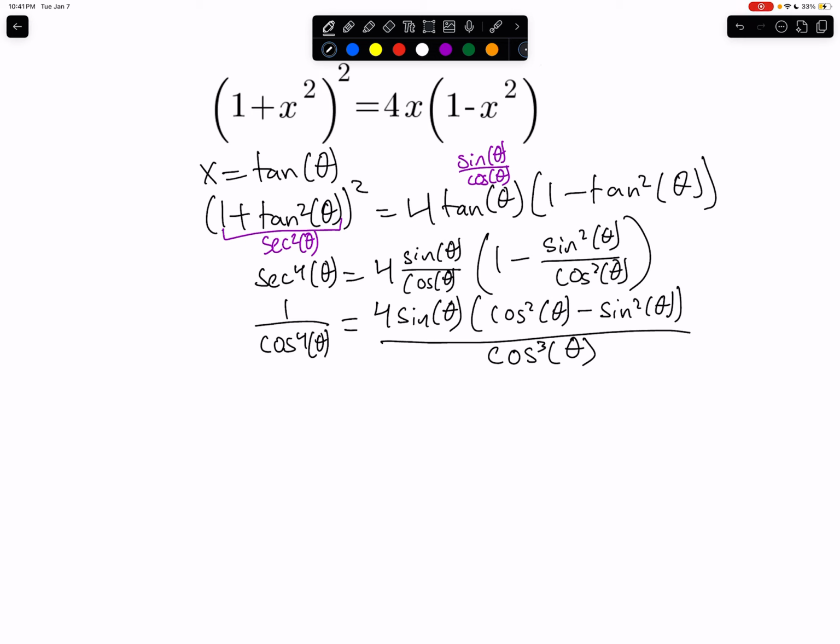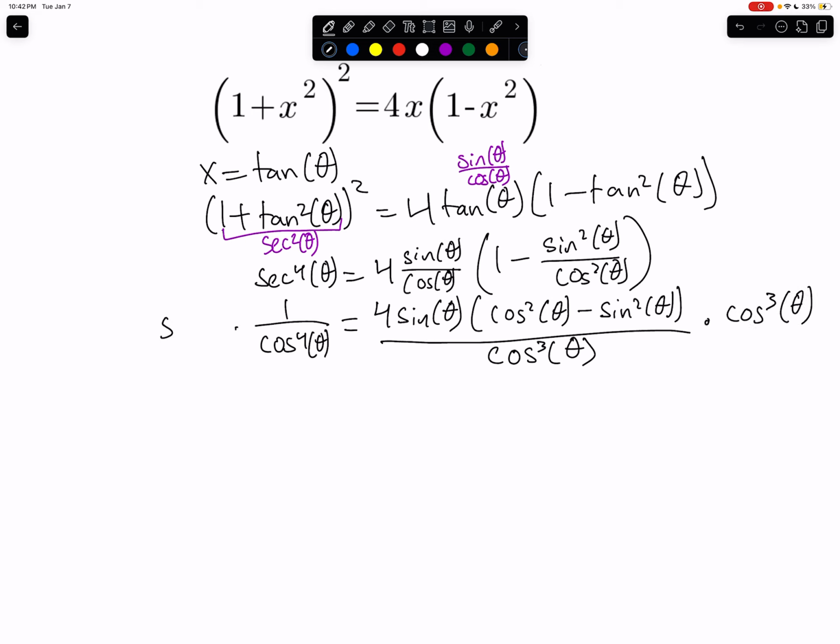All right. Let us now multiply by... Okay, now, FYI, by doing this, I'm potentially losing some roots. But we're going to deal with that later. I'm going to multiply both sides by cosine cubed of theta. This is like the sin in math.